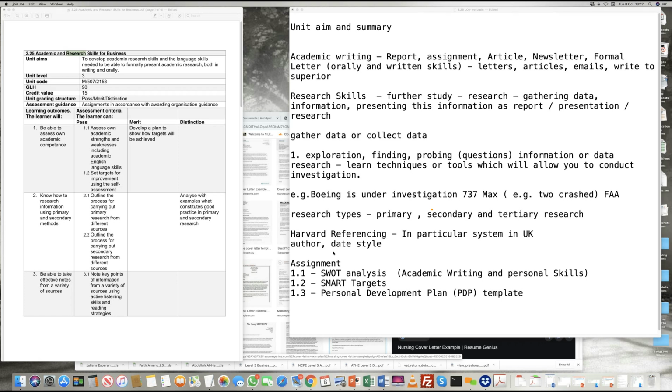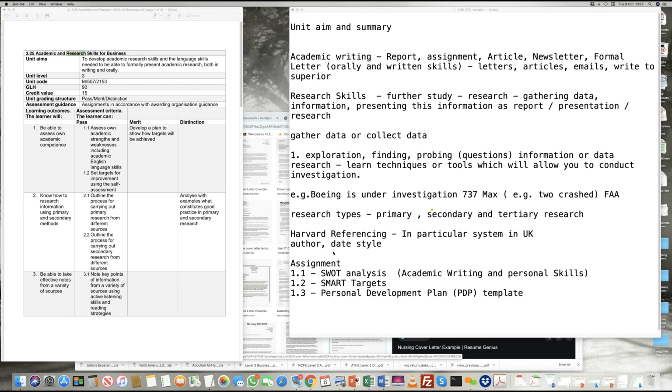That means you're trying to give credit to the person or author who has actually created or authored that information. And when you give due credit to that person, we are following something called Harvard referencing. Harvard referencing is also called the author-date style referencing.